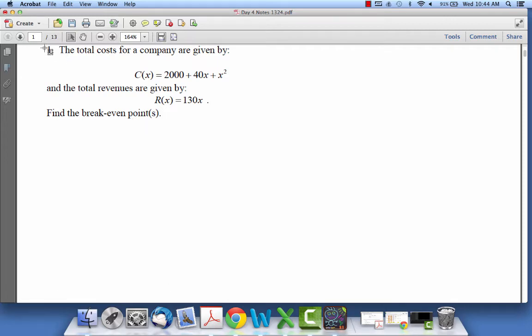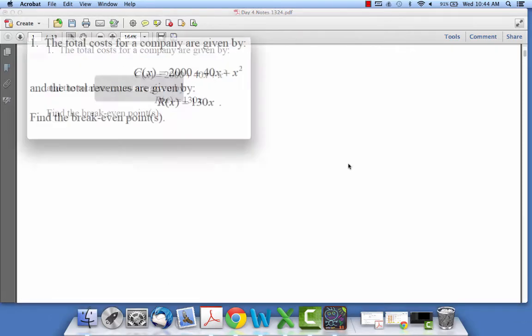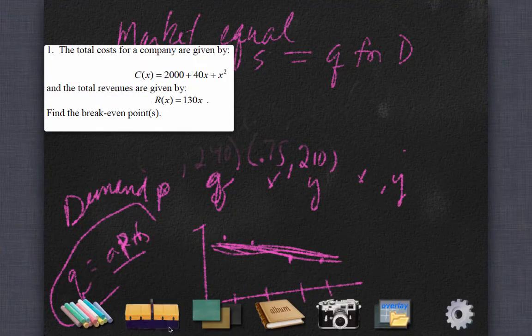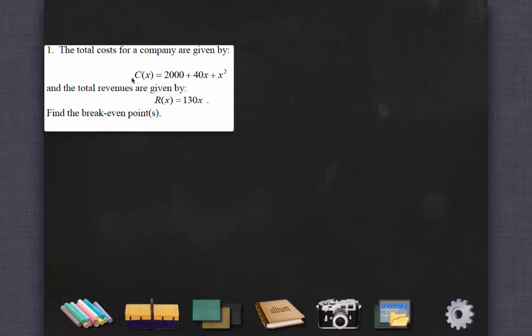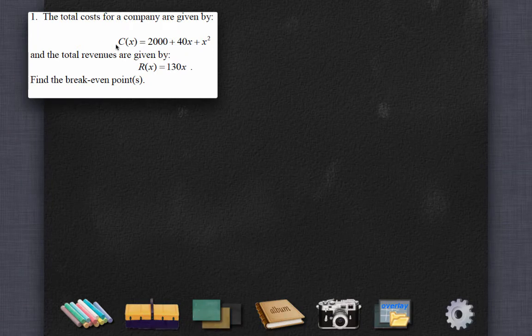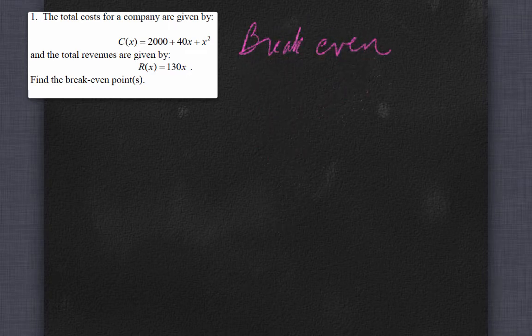So let me clear this. Okay, so if we want to find the break-even point, then we just set C equals R. That's also when your profit is zero.